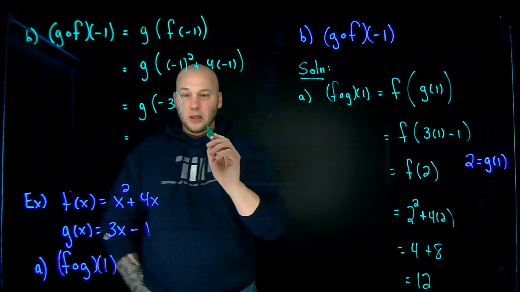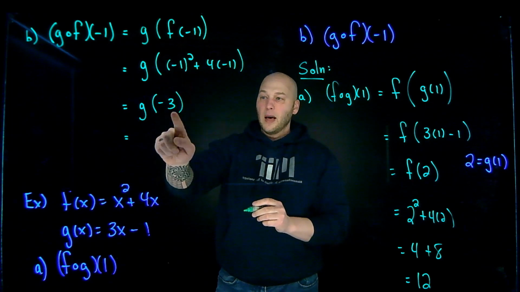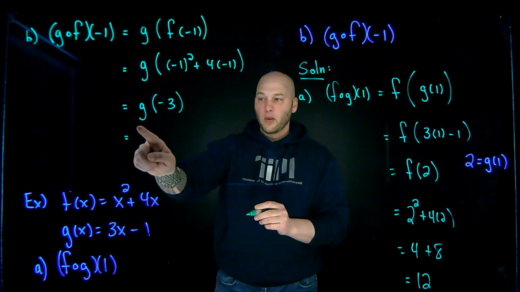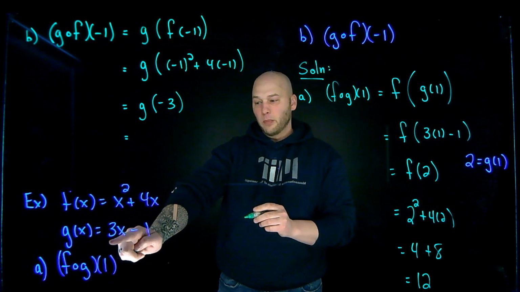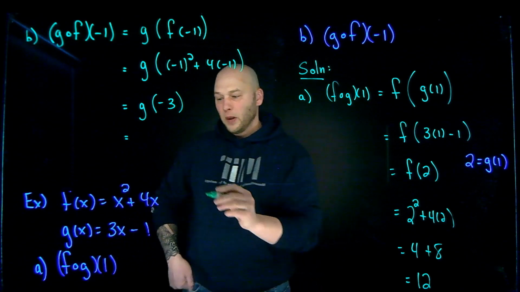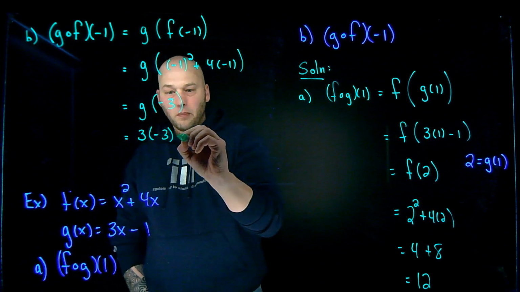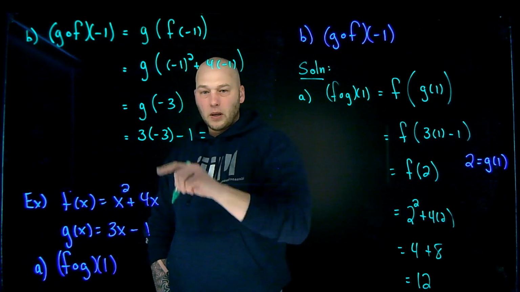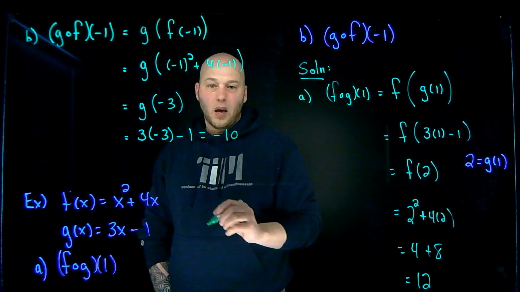Now I'm going to use the input -3, which remember was f of -1. I'm going to use that as my new input for the function g. Remember, the function g multiplies the input by 3 and then subtracts 1. That means I'm going to have 3 times -3 minus 1. Of course, 3 times -3 is -9. Minus 1 would give me -10 for my result.